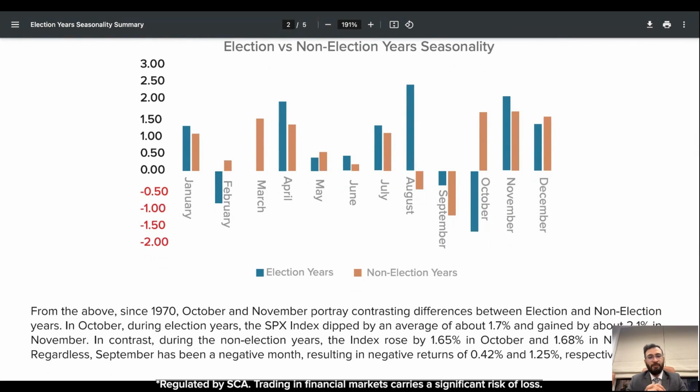If you look at this, since 1970, please look at this data very closely. Since 1970, October and November have portrayed a very contrasting difference between election and non-election years.